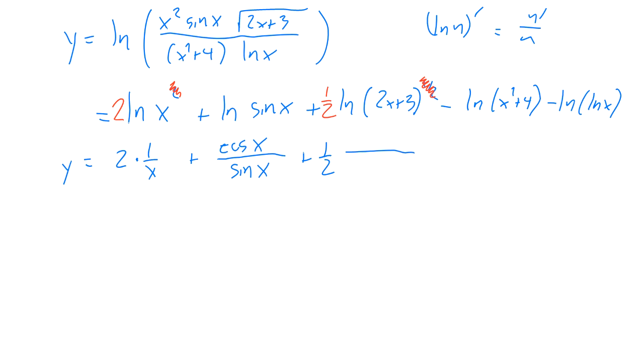On the next one, the derivative of log of 2x plus 3, 2x plus 3 goes to the bottom, and its derivative 2 goes on top, minus x squared plus 4 on the bottom, its derivative 2x on top, and then finally, natural log of x on the bottom, and its derivative 1 over x on top. And then we can simplify it a little bit, just writing that as 2 over x plus cotangent x, and so forth.